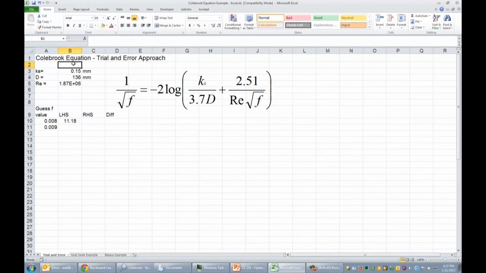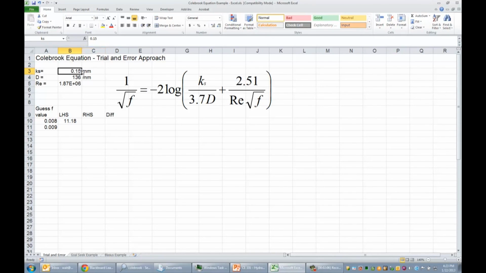Like if I wanted to call that cell variable 1, well, maybe it didn't like the fact that I had that dash in there. Variable 1. So now, anytime in a formula, if I type the word variable 1, it would be referring to that cell.